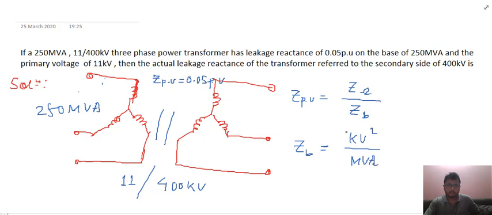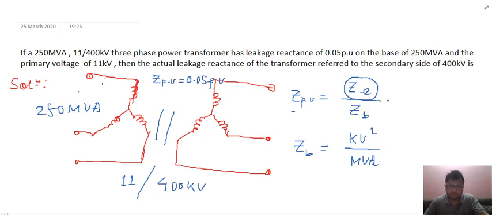This we have already discussed. Now we will be using this formula only. First let us calculate the Z ohm, that is the Z actual value in the primary side, because the data are given. In the secondary side also you can directly calculate, but let us first calculate in the primary side.